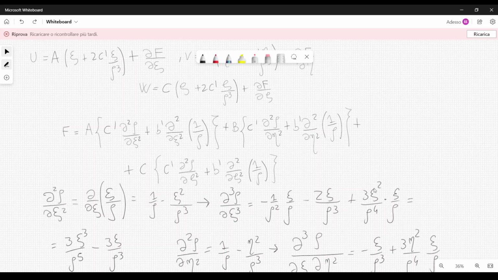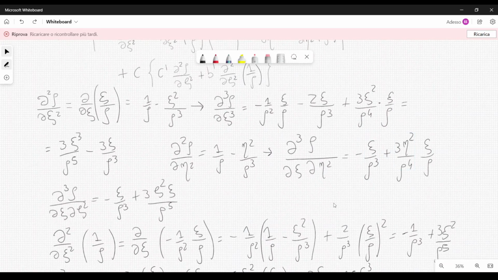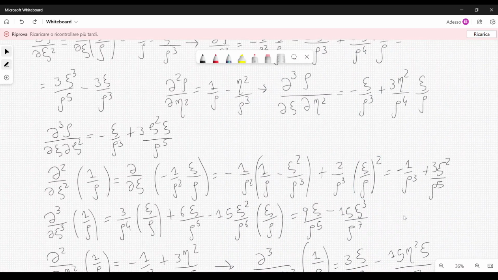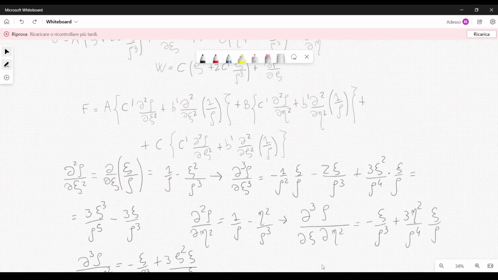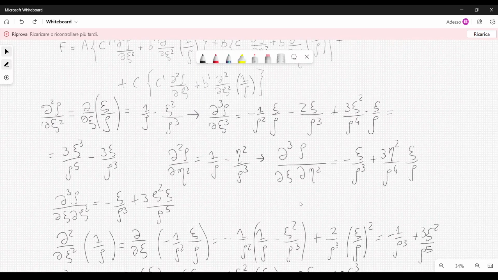So I have to substitute the expression for the third derivative of rho with respect to xi. I have calculated it somewhere here, and here it is. It's this expression.